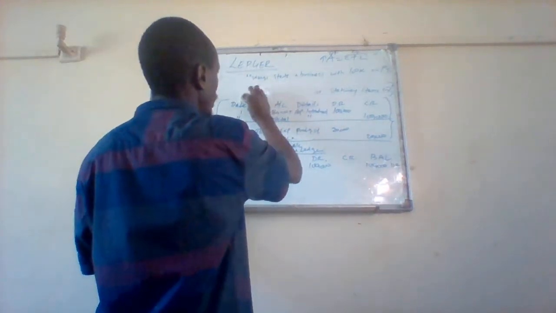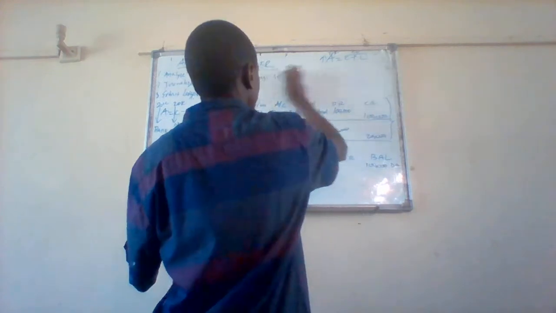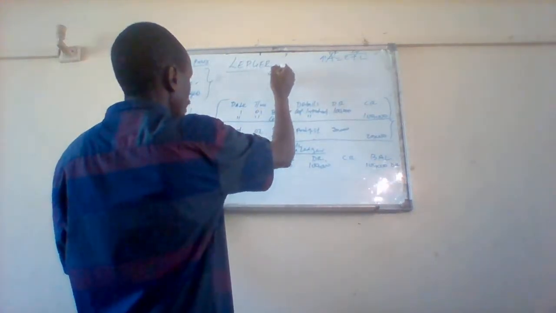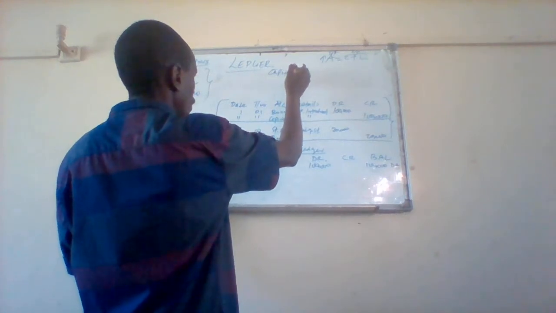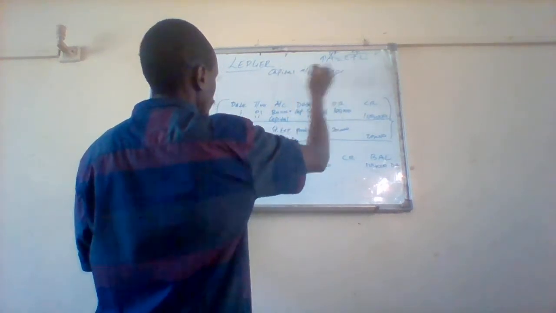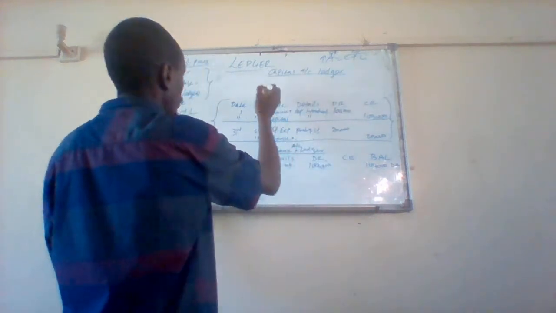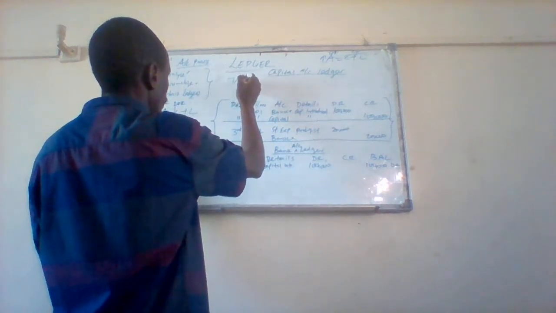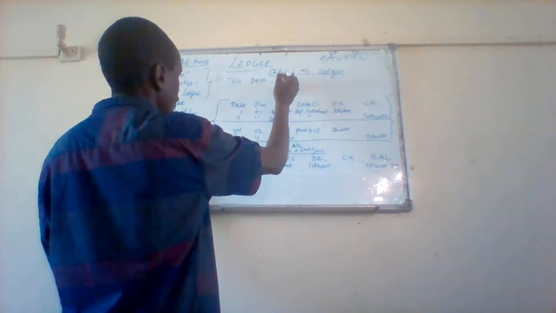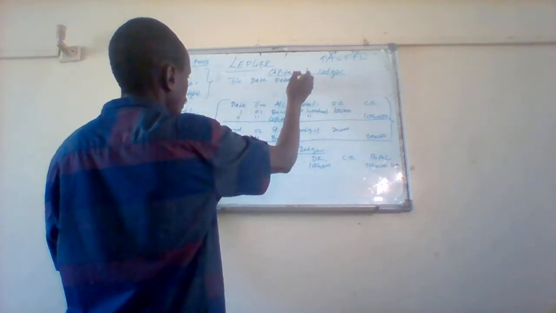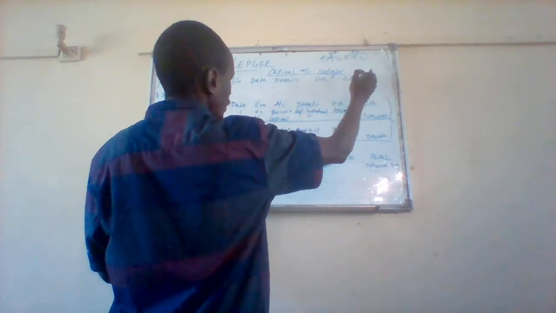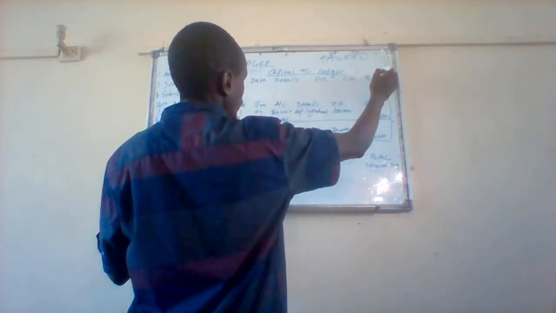Capital ledger will be something like this. Capital account ledger. So we will have transaction number, date, details, debit, credit, balance. Okay.